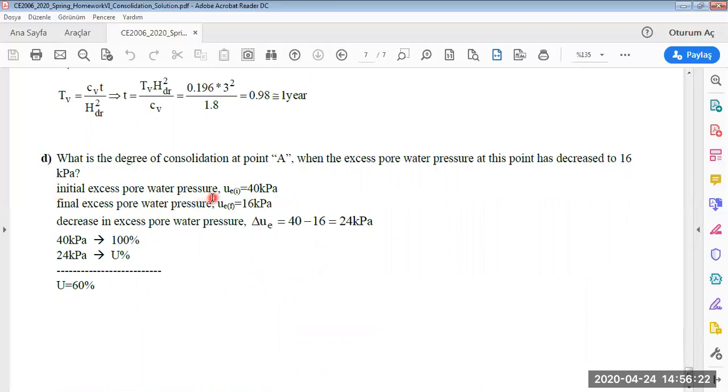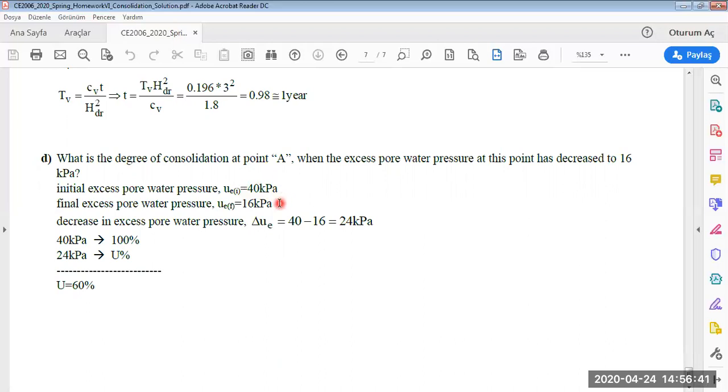Initial excess pore water pressure is given here. It's the excess pore water pressure recorded at the beginning of the consolidation. When the consolidation ends, this amount of pore water pressure will be dissipated.